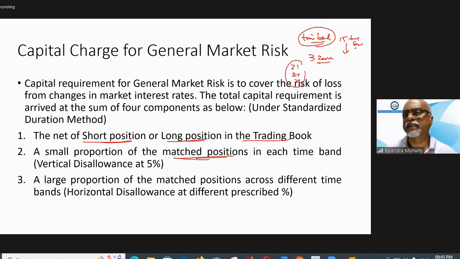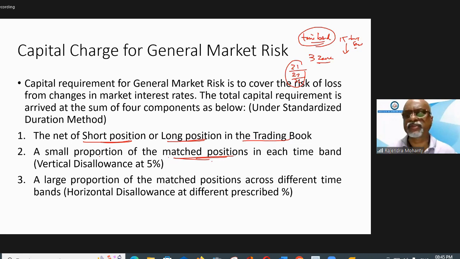Now, the small portion of the matched positions in each time band means there is a long position in the same band and a short position in the same time band. So whenever the time band matches, the disallowance is 5%.